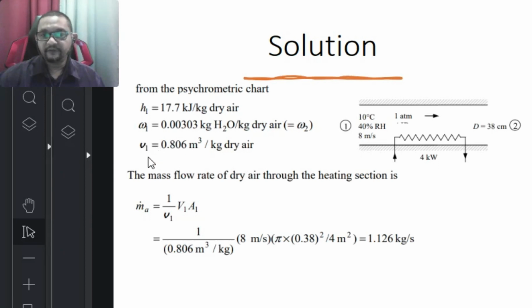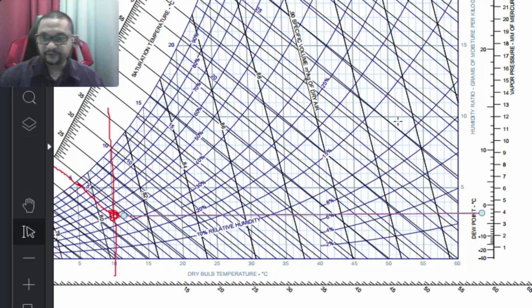And the specific volume v1 is about 0.8. This is a specific volume line, so you draw the straight line for specific volume parallel to the lines left and right.